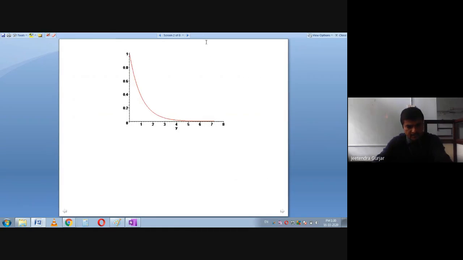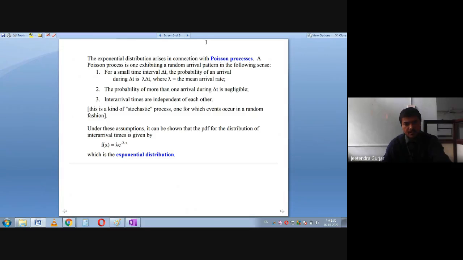This is just a simple curve I have drawn for the exponential distribution. The exponential distribution arises in connection with a Poisson process. A Poisson process is one exhibiting a random arrival pattern in the following sense.